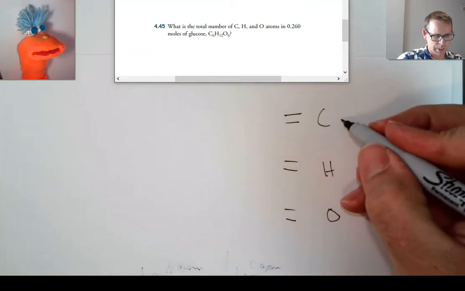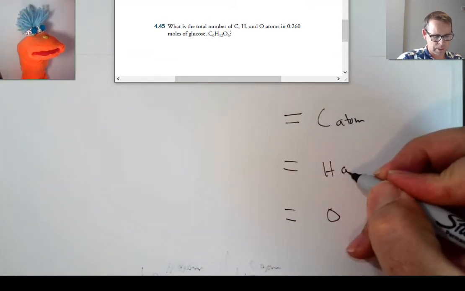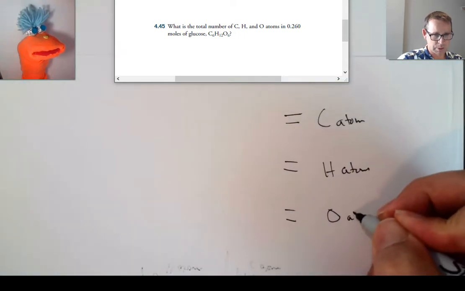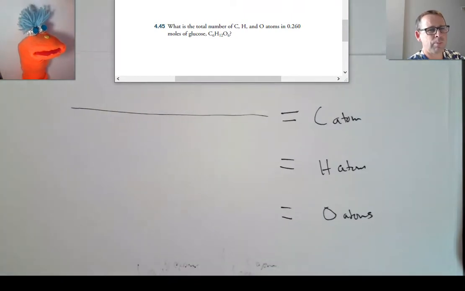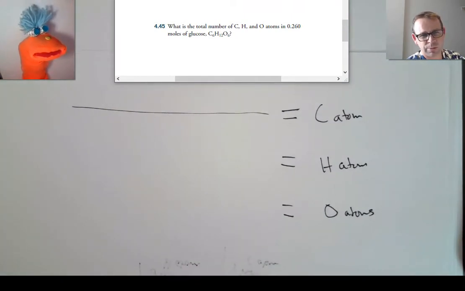So we want carbon atoms, hydrogen atoms, and oxygen atoms, and then we'll just add them up at the end. Okay? There's another way we could do it. We could say just total atoms, and that would be just as easy or fine. And maybe we'll do that afterwards.